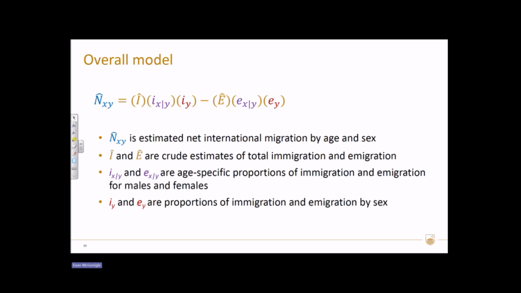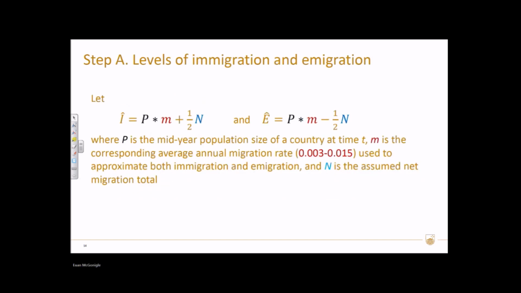Okay, now, none of this is observed, so I have to come up with a way to model each one of these. And the trick, the thing that I thought might work and actually worked really well, was my level. So for immigration and emigration, there's no data on this. How can I approximate it?